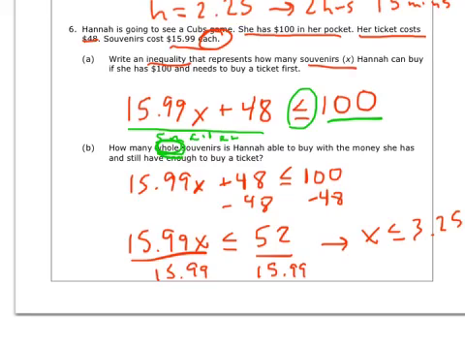So she cannot buy more than 3, because if she buys 4, then she's going to go over her $100 limit. So 3 souvenirs. And that would be your answer. You always want your answer to relate back to the problem, so put it back into context, and that's your answer.